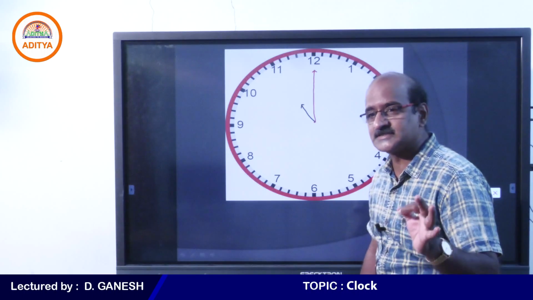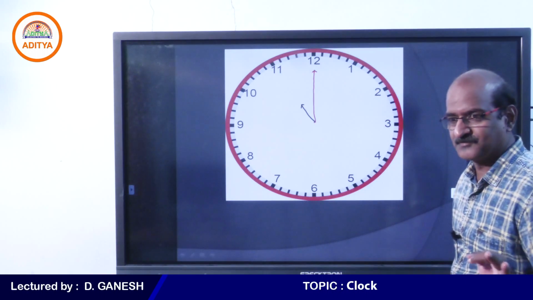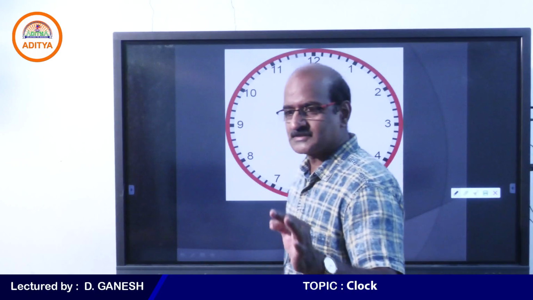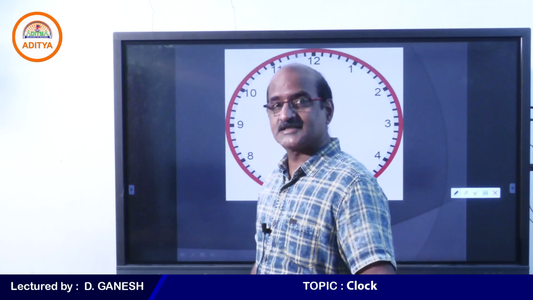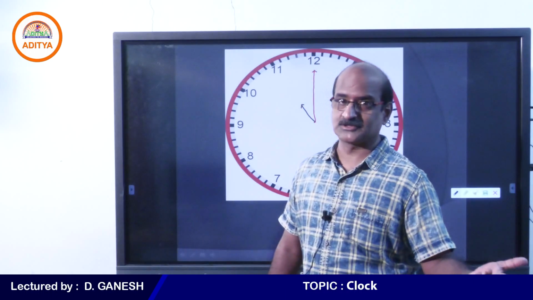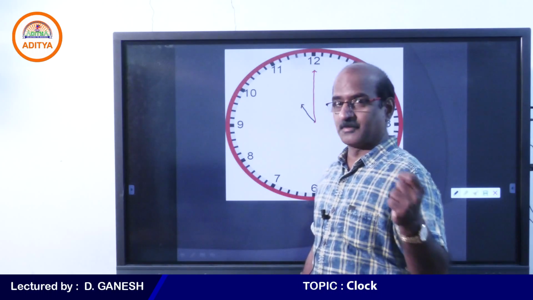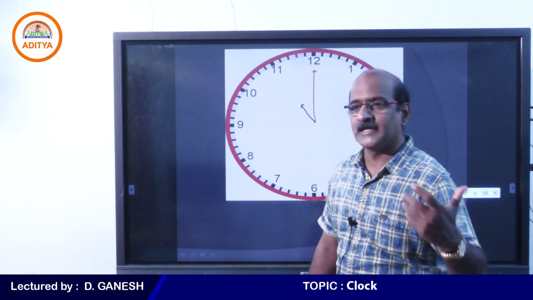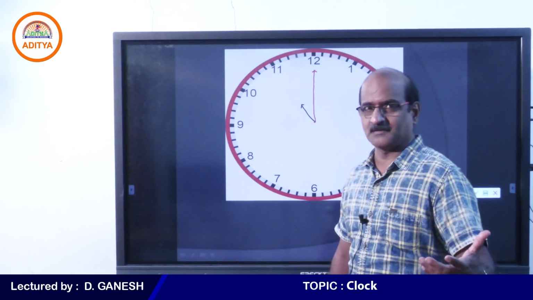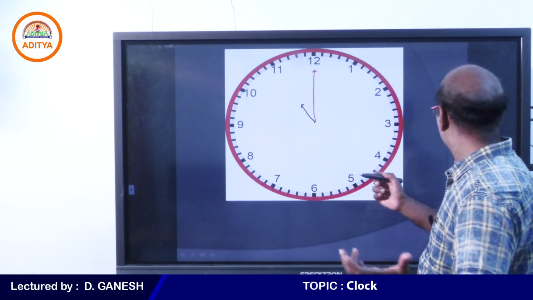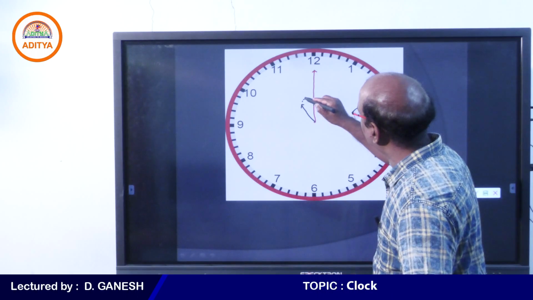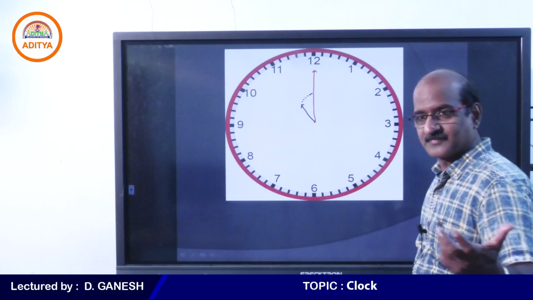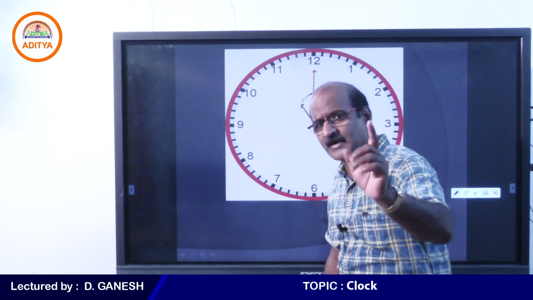What happens in 60 minutes of time? I am repeating once again. What happens in 60 minutes? Of course, it becomes 12. But you should be very careful. What actually happens in this particular 60 minutes of time, we can see that the hour hand moves only 5 divisions.